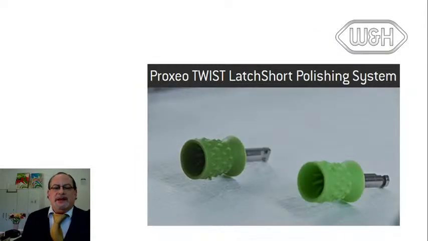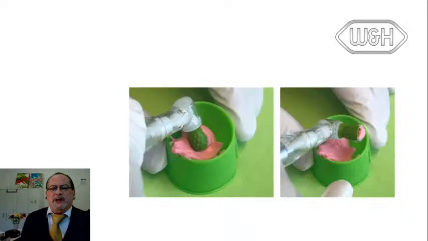And what we can see here is that the rubber cups have a very special surface. They may retain tightly the prophylaxis paste so that it is not spread in the surroundings when we are using it at the patient.